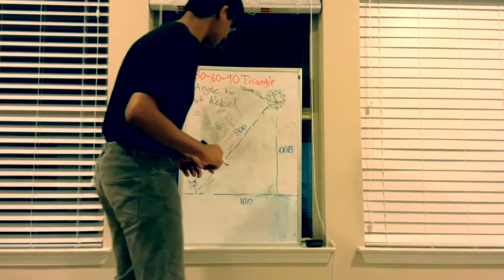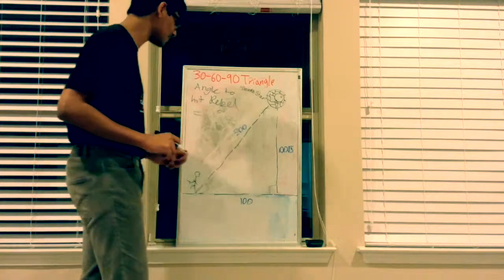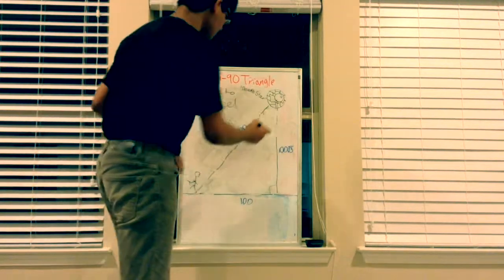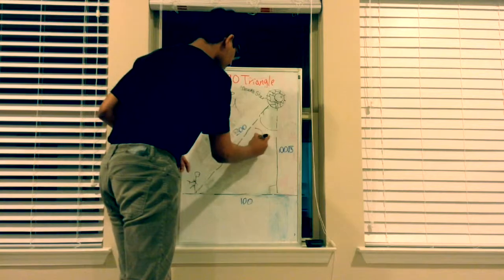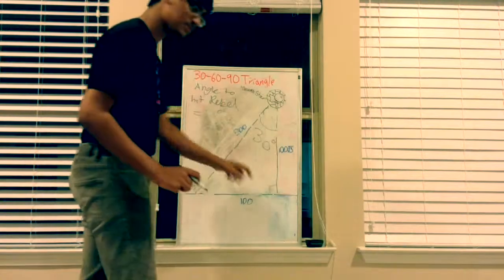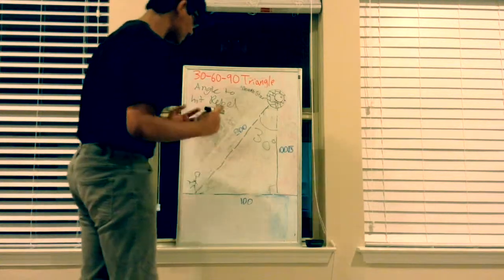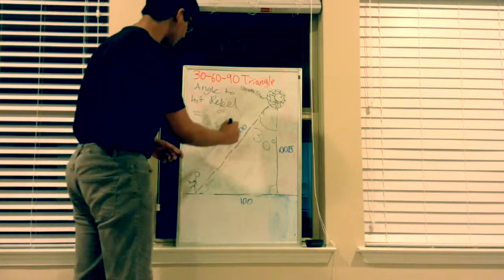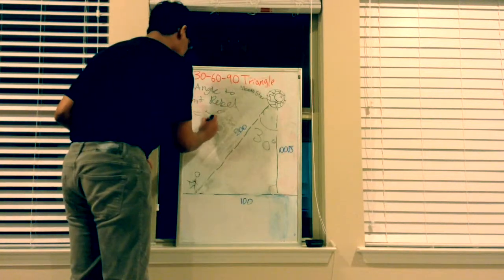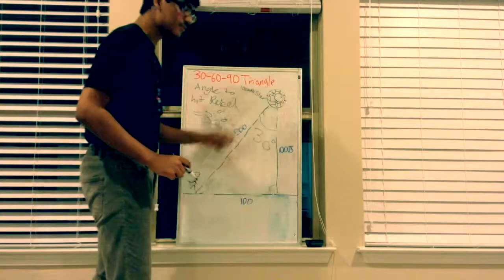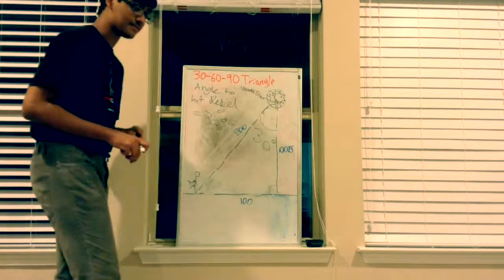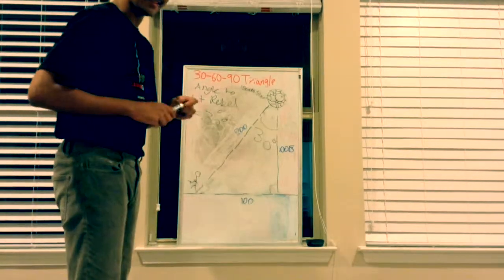That's really hard math right there. Now, knowing that, the shortest angle, which is the 30 degrees, corresponds to the shortest side, which is 100. So, knowing the properties, I can conclude that the angle I need is 30 degrees in order to fire the orbital cannon and take care of this guy. Yay! Let's try.